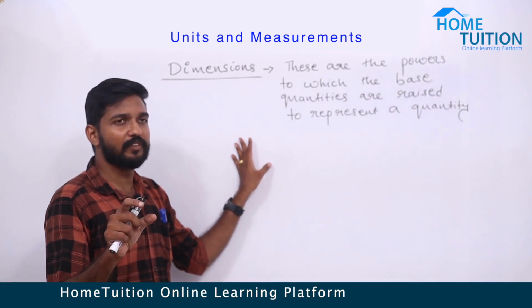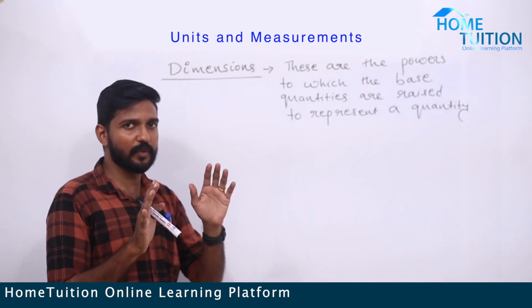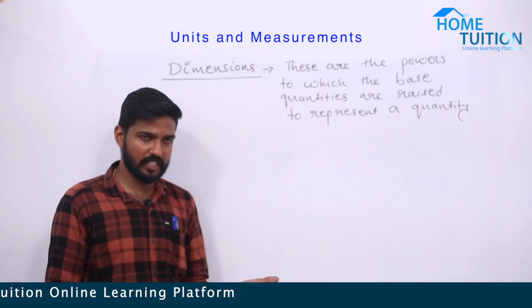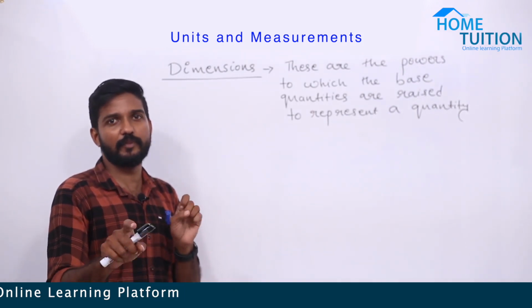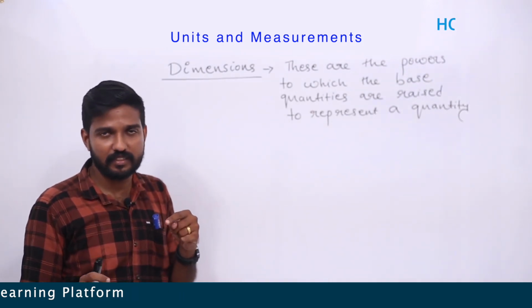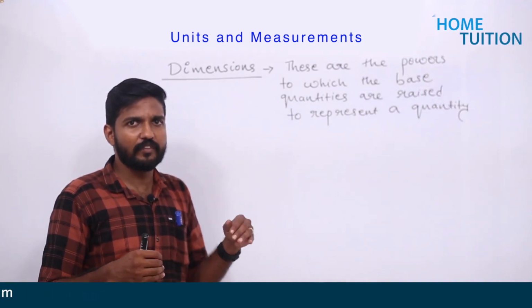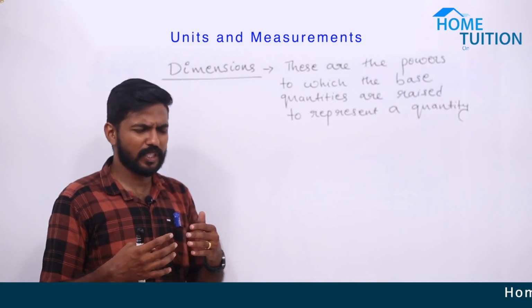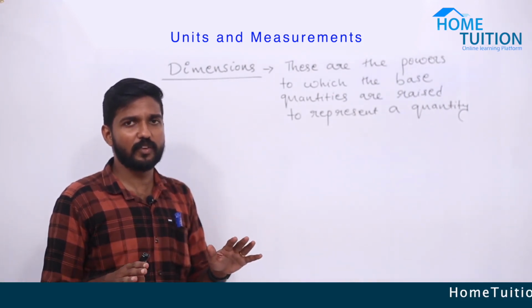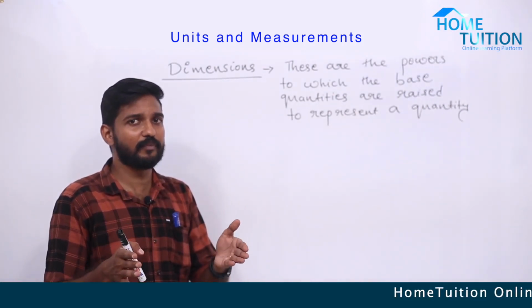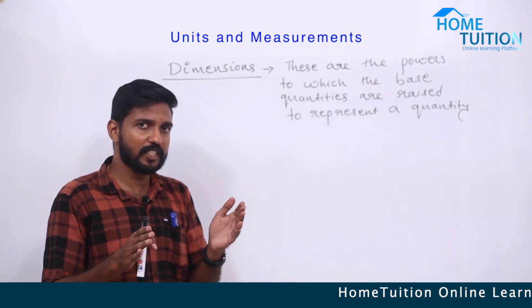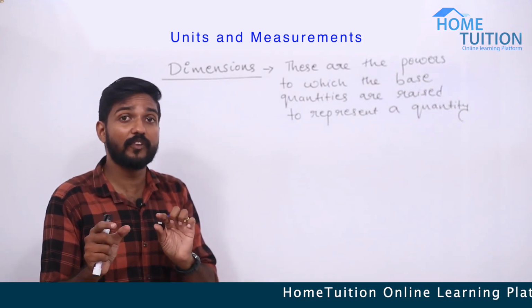When you represent a physical quantity in terms of fundamental quantities, all the derived quantities, like velocity, volume, whatever the quantity may be, most of them can be represented in terms of fundamental quantities.